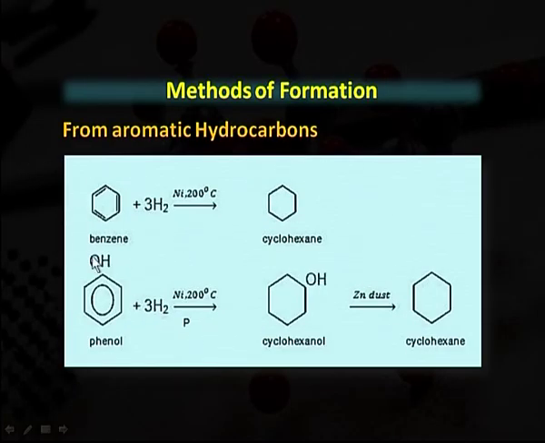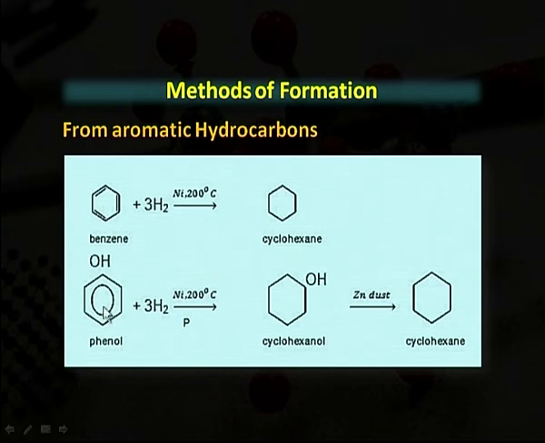From aromatic hydrocarbons we can also prepare cycloalkanes. According to it, 6-membered cyclo compounds can be easily obtained by the catalytic reduction of benzene and its derivatives. This reaction shows that benzene, when reacting with hydrogen molecule in presence of nickel and at higher temperature, gives cyclohexane. It is a 6-carbon membered cycloalkane.